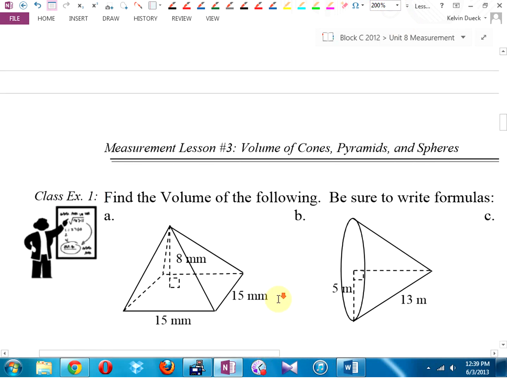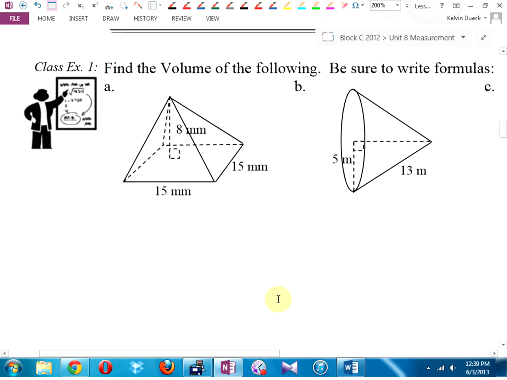It says, find the volume of the following. Be sure to write formulas. A. It's a pyramid. What's your base on the pyramid? A square. So it's going to be L squared H divided by 3.